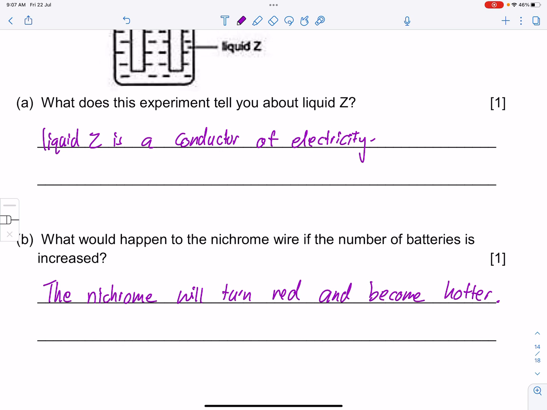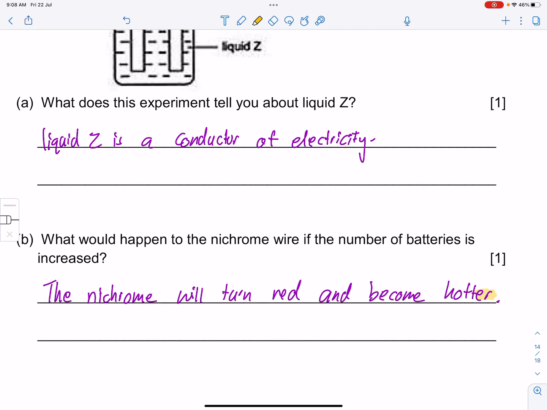However, I'm just marking you based on becomes hotter because that was what was stated in the stem of the question. Additionally, I would also like you to be careful. You need to have a comparison. If you just tell me it becomes hot, you don't get any marks because the question tells you it becomes hot.